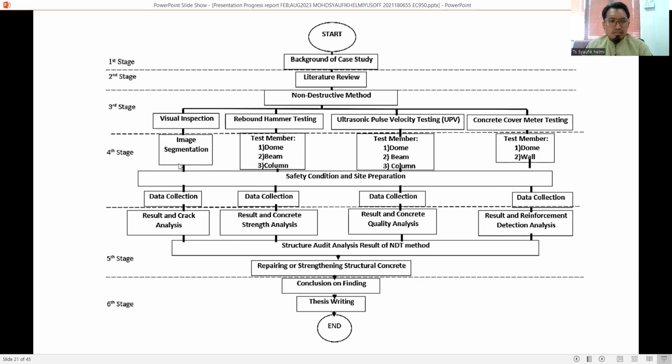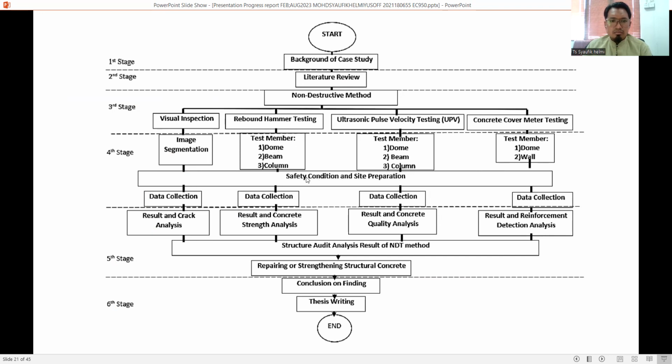The fourth stage, we're focusing on identifying visual inspection by drone image segmentation, and testing members for the rebound hammer and UPV at the same locations at the dome, beam, and column. And the last, concrete cover meter testing, focusing on locations at the dome and wall.